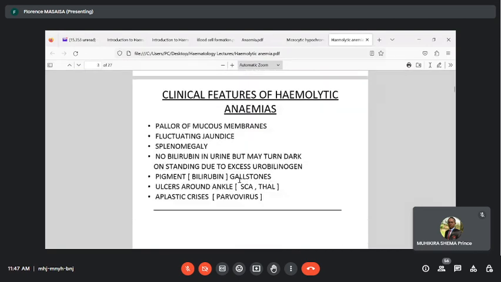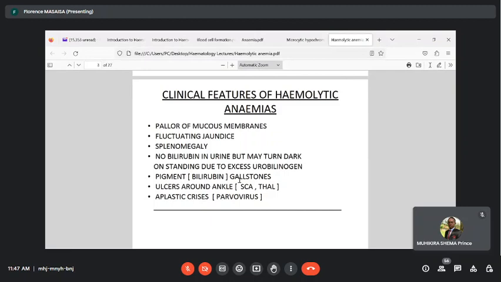Now, the clinical manifestations of hemolysis. You understand that the patient will have features of anemia, such as headache, chest pain, and so on. Fatigue is common to anemia. But what is somewhat specific to hemolysis? They have jaundice, fluctuating jaundice.